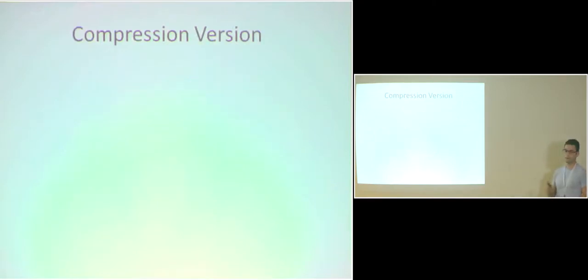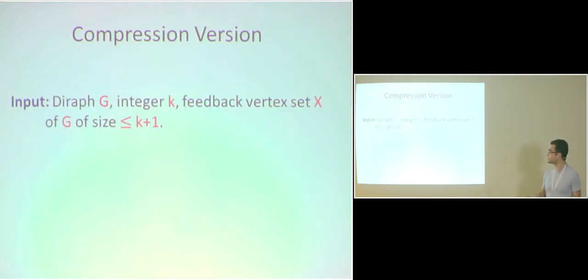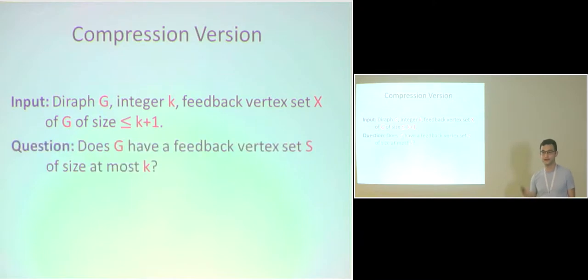Okay. So we're going to do iterative compression for directed feedback vertex set. Then we need to define something called the compression version. This is basically the same problem as before. So I give you a digraph G, an integer k, and now I give you a feedback vertex set of size k plus 1. So I give you a feedback vertex set that is almost good enough, but not quite good enough, and I ask you, does G have a feedback vertex set that is good enough, namely of size at most k?